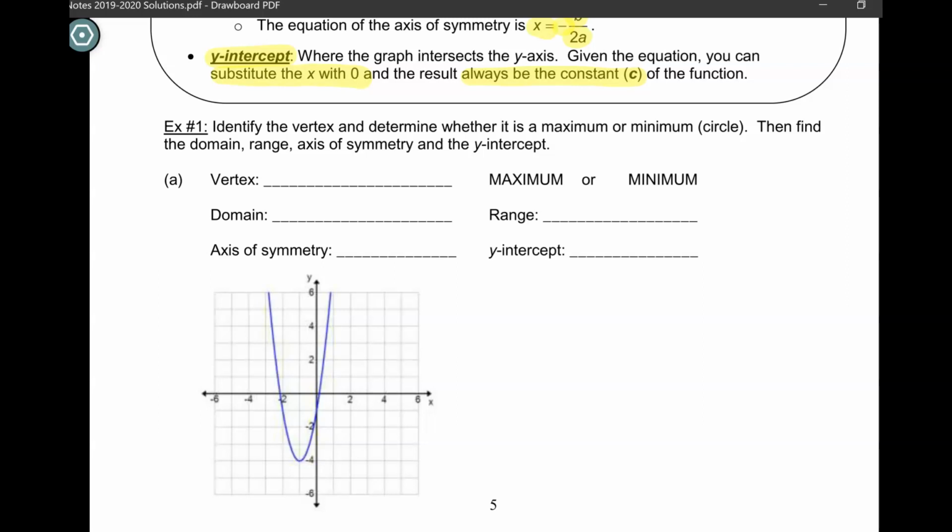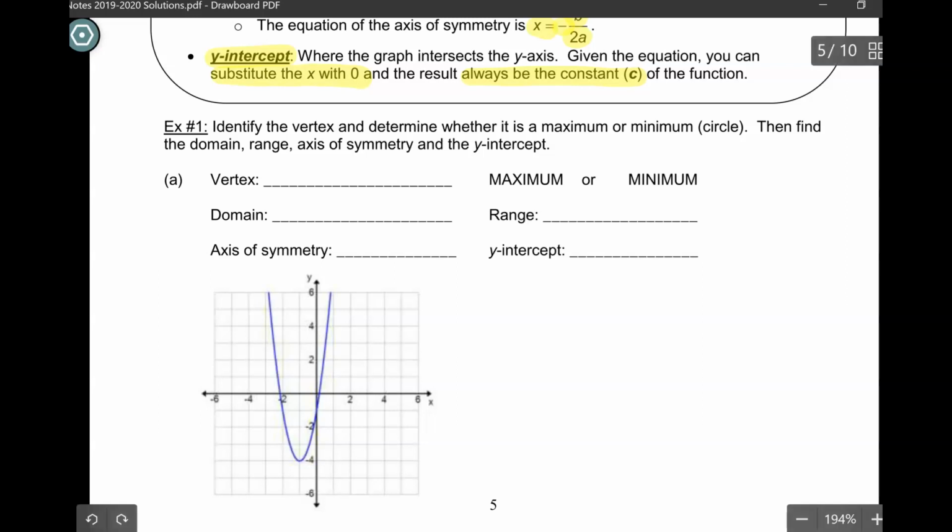Okay, so we want to identify the vertex and determine whether it's a maximum or minimum. We're going to circle that. Then find the domain, range, axis of symmetry, and the y-intercept, all that stuff that was in the box above. So first thing we want to do is identify the vertex.